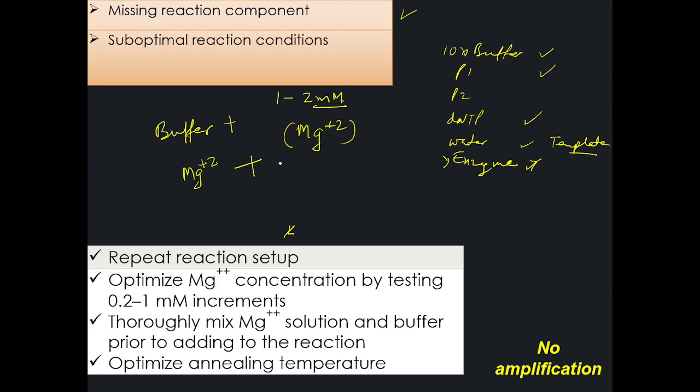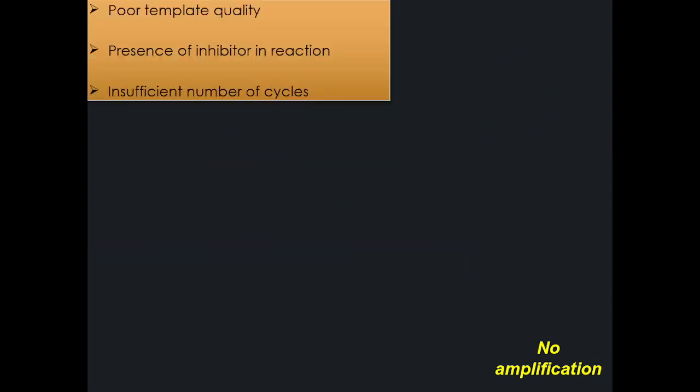Or one can optimize the concentration of the magnesium as well, because magnesium as a 20x or 10x vial is very easily available at 25 millimolar concentration. The companies and vendors sell these things. So you have to check this, you have to use this checkerboard method. Don't use your intuition. It is better to use a pen and pencil in your lab notebook and try to do this. The chances of error will be very less.